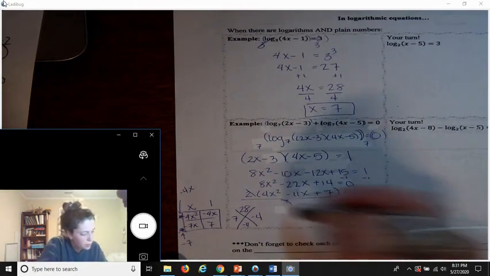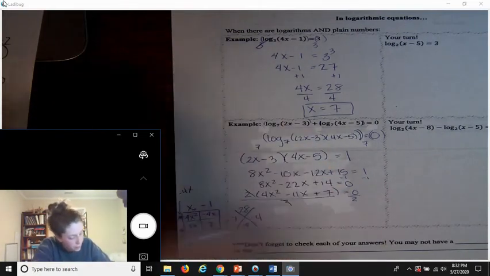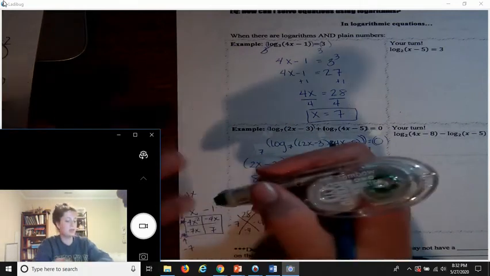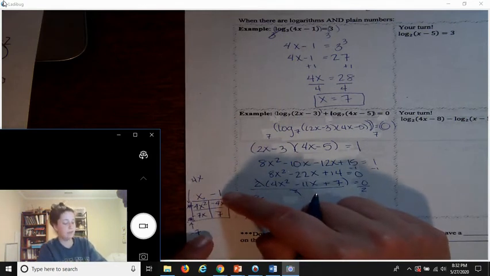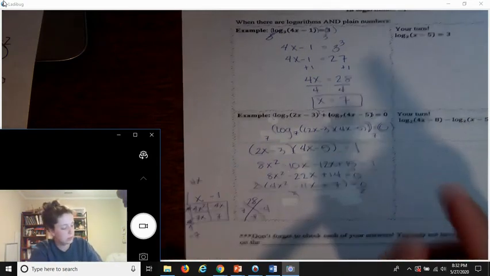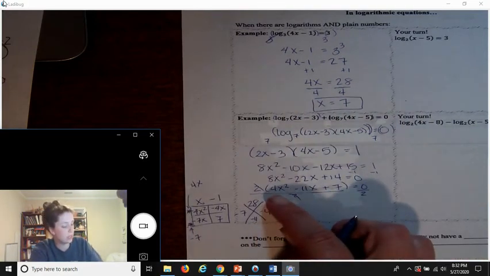Also, I'm pretty sure that this should be positive 4x. And then this should be negative 1. Yeah. Because we want the negatives to be in the terms that have just a constant value. Because this 4 is positive, we don't want either of them to be negative.